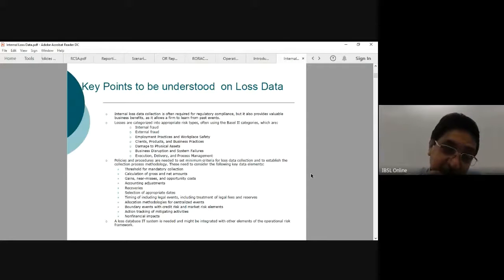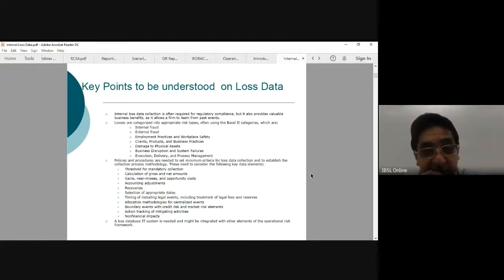So therefore, internal fraud comes into the people's failed or unsuccessful activities from the organization's perspective. External fraud also is taken as that type of thing.